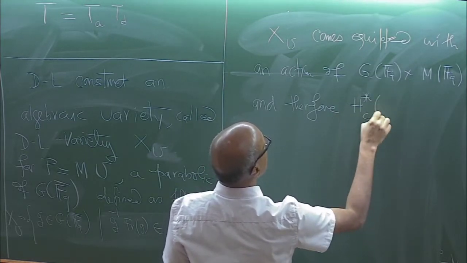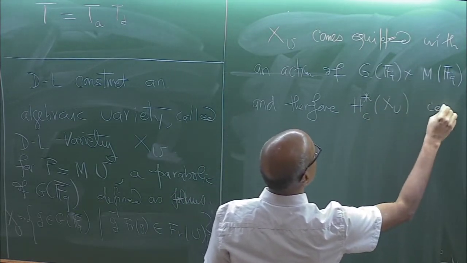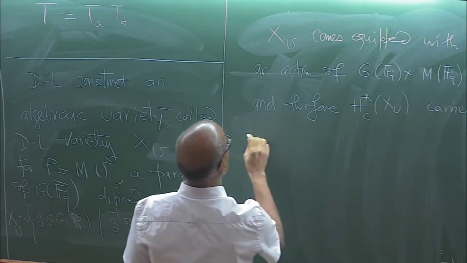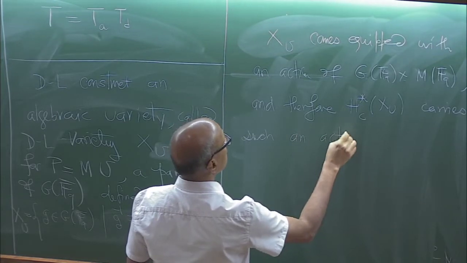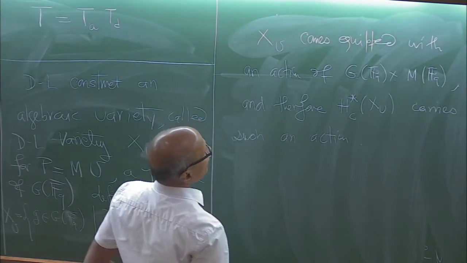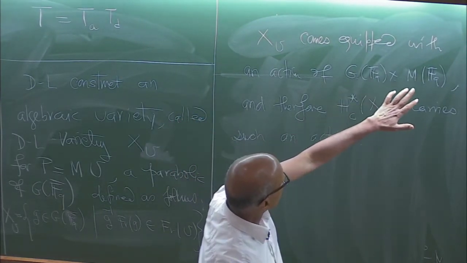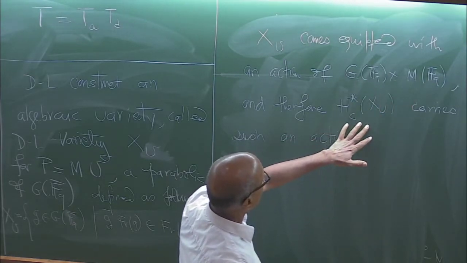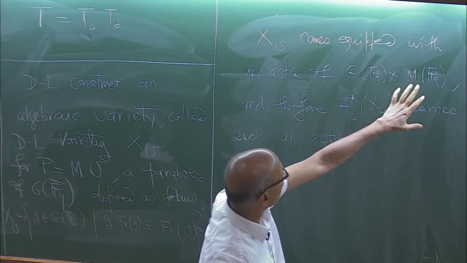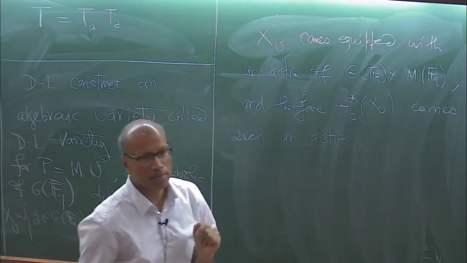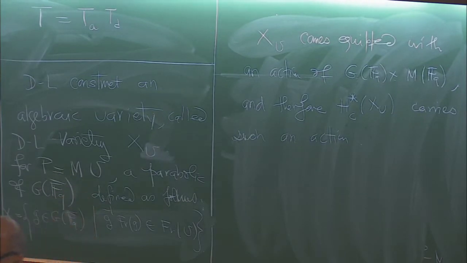Cohomology with compact support of X_U carries such an action. And given any two commuting groups operating on a vector space, it allows you to construct from representations of M representations of G. That's some generality, because you will look at a representation of M and you will look at that isotypic component that will become a module for G.